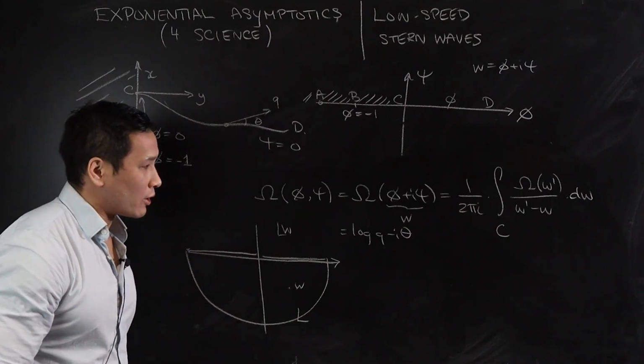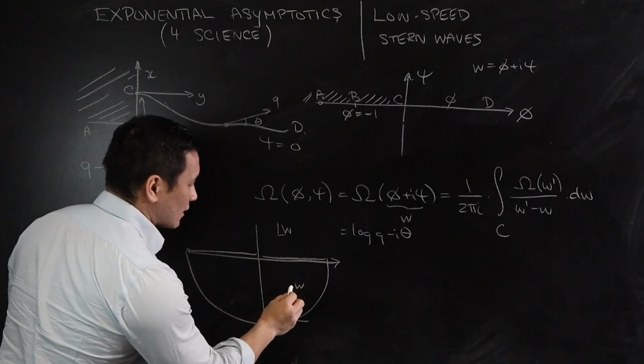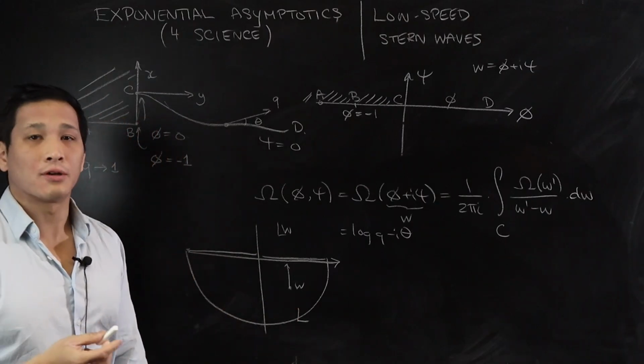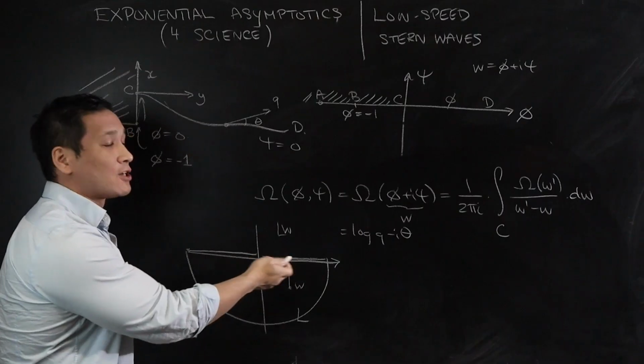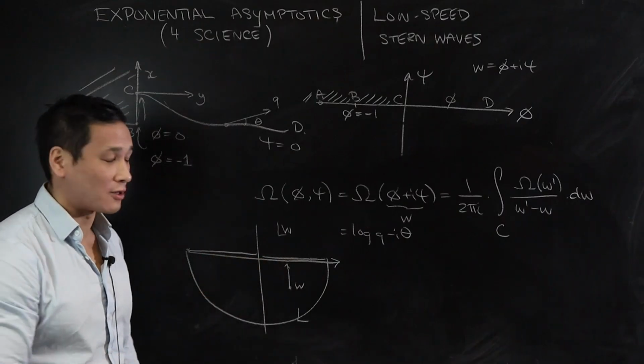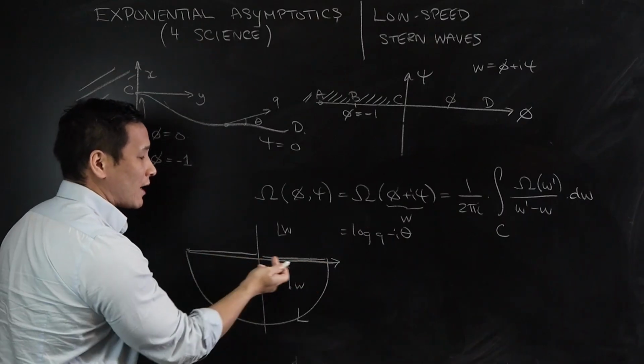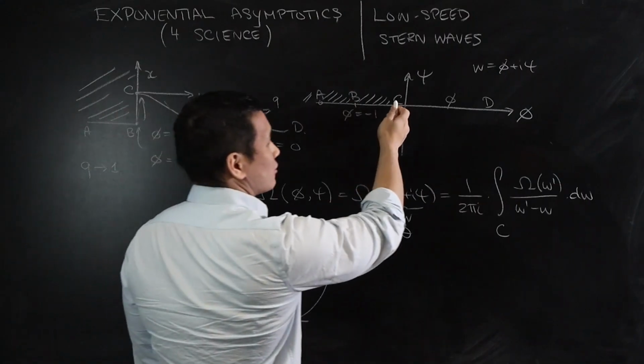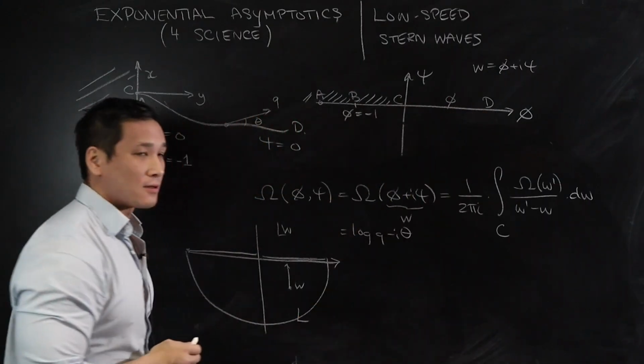So now what you can do is take this point w and approach it towards the desired location that you want to evaluate your function on. You want to know what the value of omega is on the free surface, and the free surface has been mapped to this edge, CD.